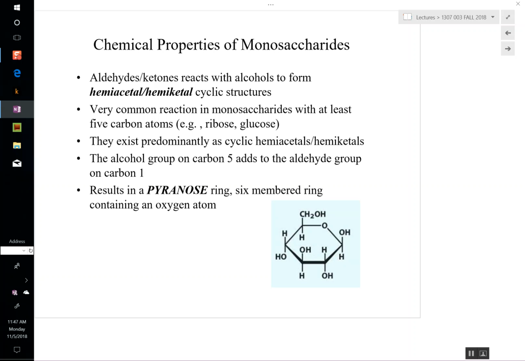What did you say the hemiacetal was again? It's the reaction of one alcohol, OH, with a carbonyl, carbon-oxygen double bond. So it's kind of like an ester, but that double bond is broken.